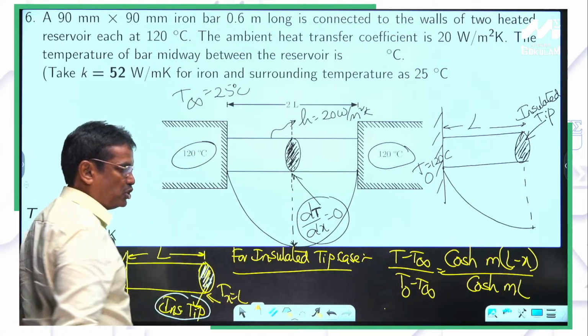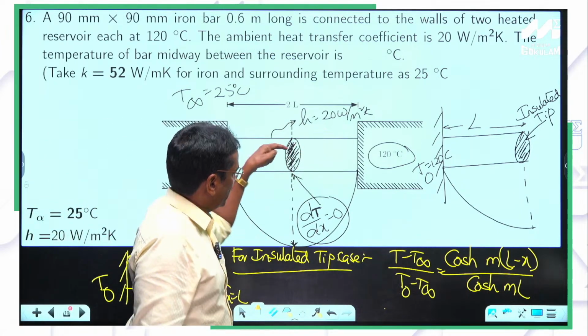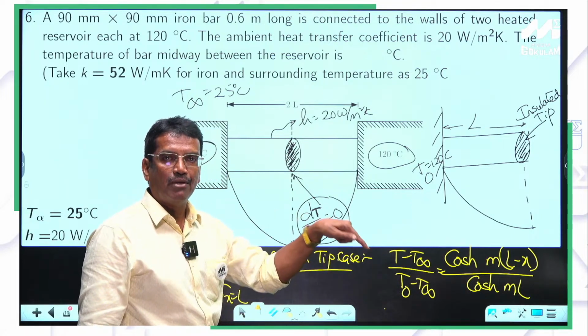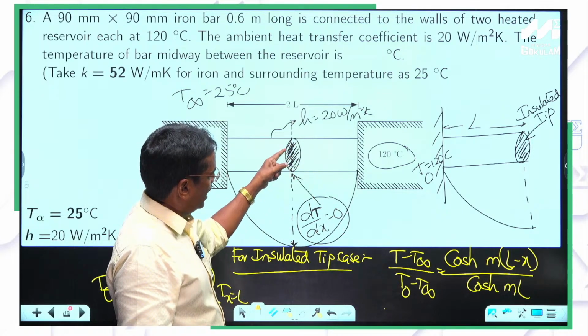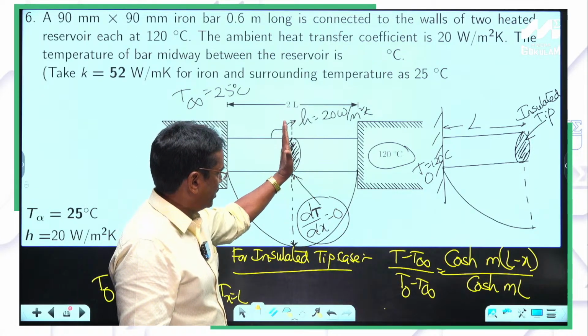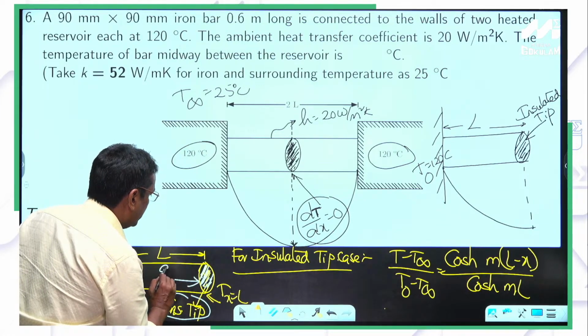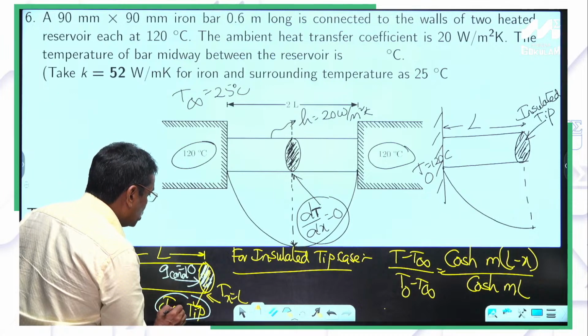When dT by dx is 0, there is no conduction, because the conduction formula is minus kA dT by dx. If you just cut it off and remove, no conduction here. Q conducted here is equal to 0. That is why it is called the insulated tip case.